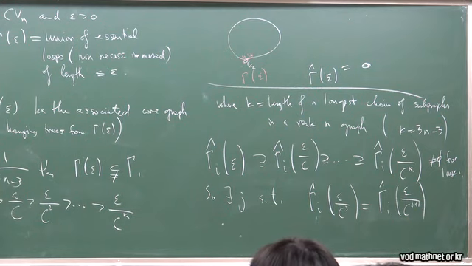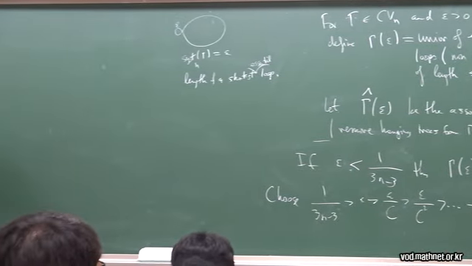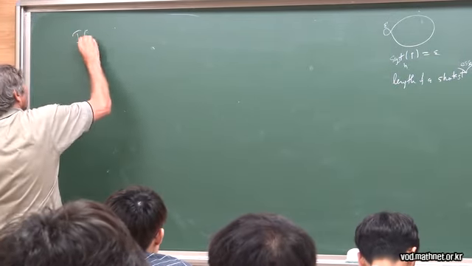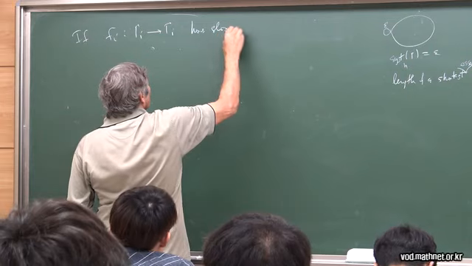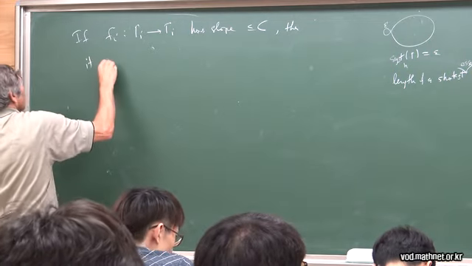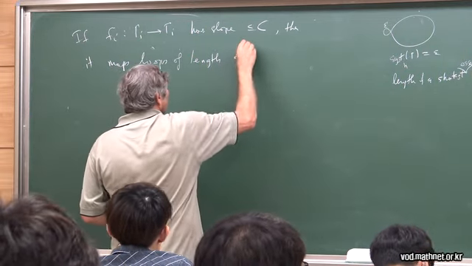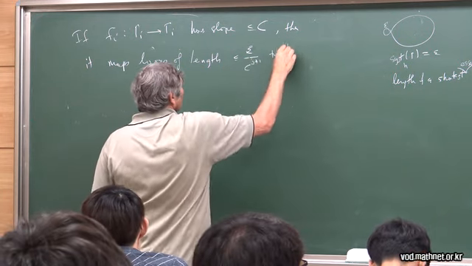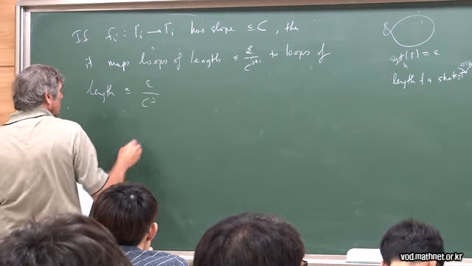Okay, so we have this equality, but now we're done. That's going to give us the invariant subgraph, because if f_i from gamma I to gamma I has slope less than or equal to c, then it maps loops of length less than or equal to epsilon over c to the j plus 1 to loops of length less than or equal to epsilon over c to the j.